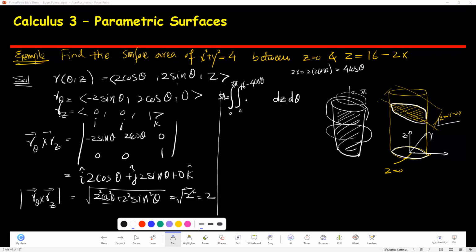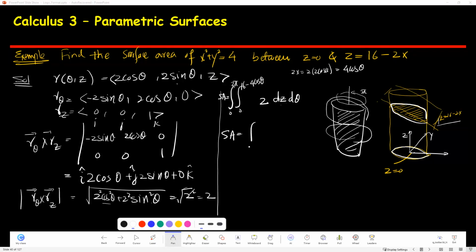Okay, and then here I want to write my equation, which is r theta cross rz. I can get rid of this and just substitute the value of 2 because this is what we got. Fairly simple now to solve.